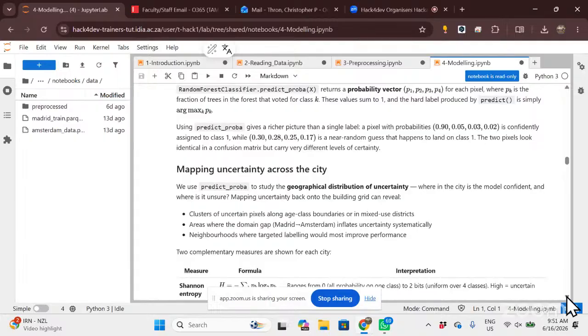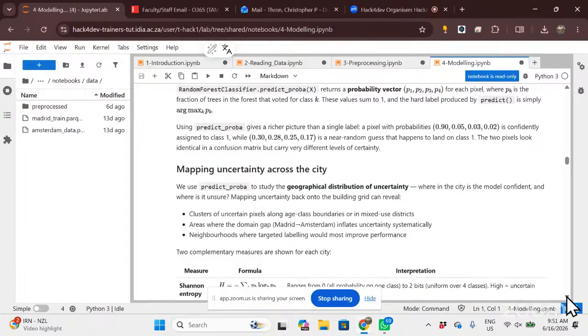Fortunately, we have 4 classes. And the way the 4 classes are assigned to colors, one is red, one is blue, one is green, and one is black. The classifier will assign a probability to each class.